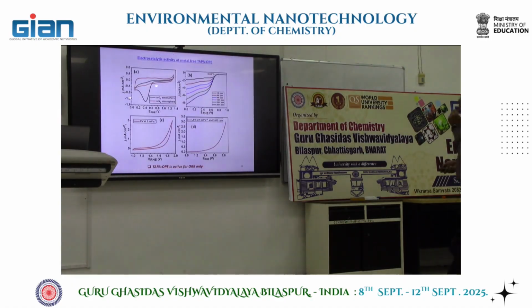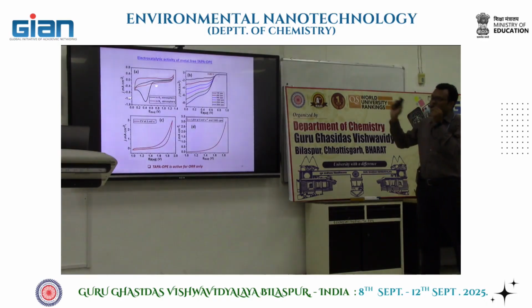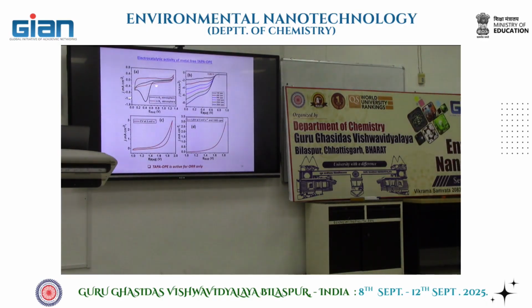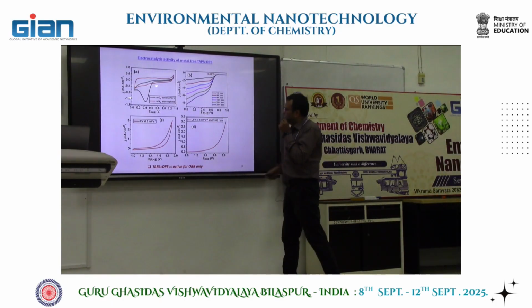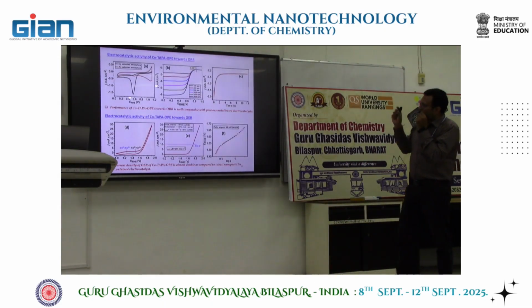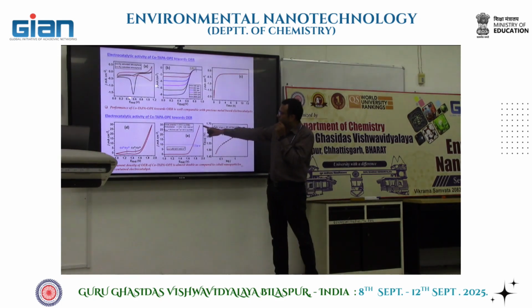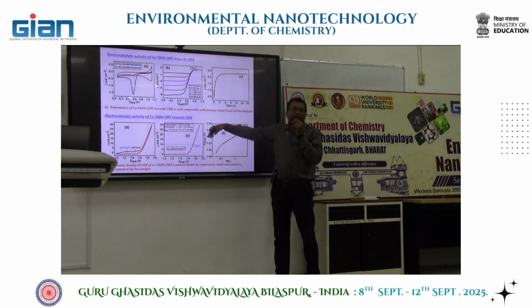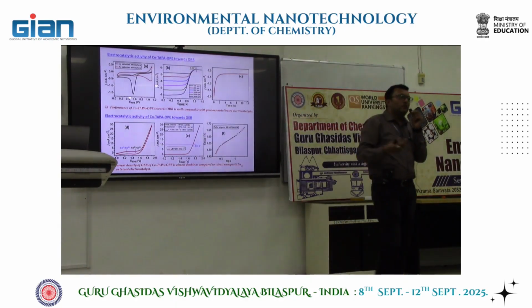Then once we performed the activity, first with the bare polymer without the metal, it was giving OER activity, you can see just only 3 milliamps current density. But once you have cobalt in the framework, coordinated cobalt more precisely, it gives almost 100 times better, or 10 times, sorry, 10 times better OER activity.